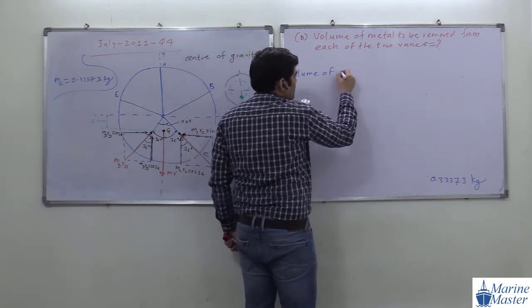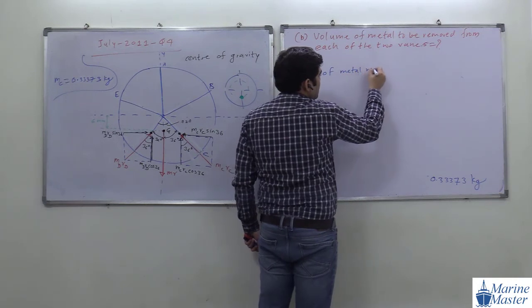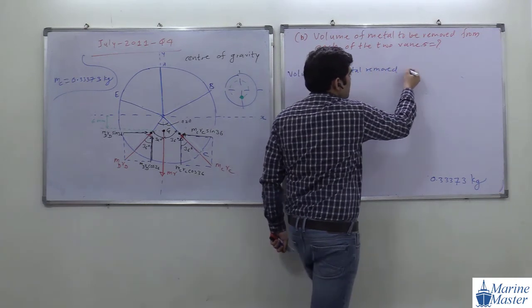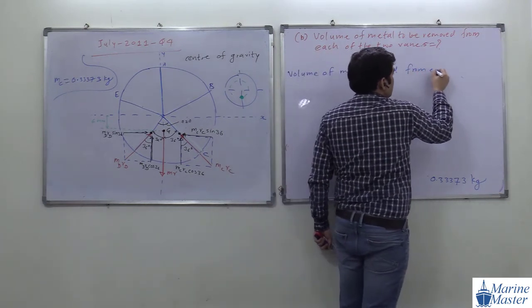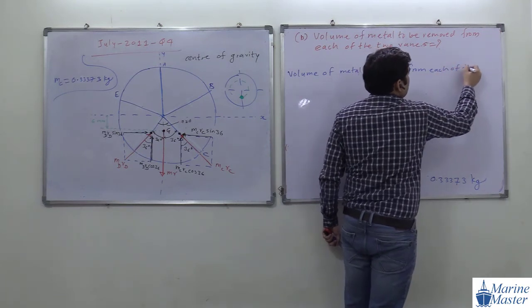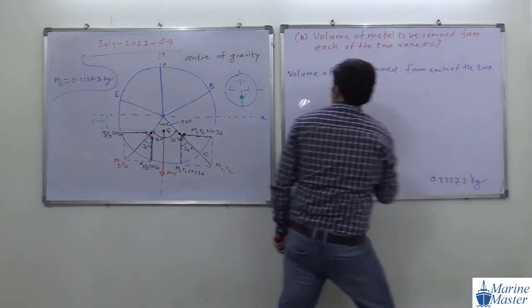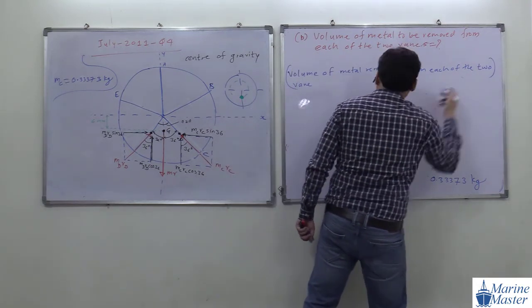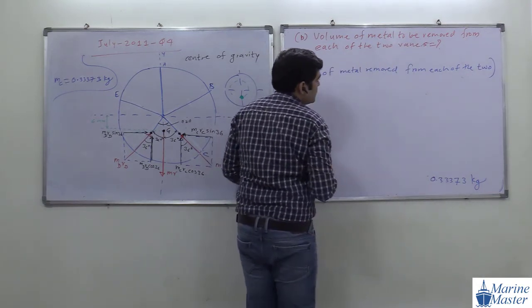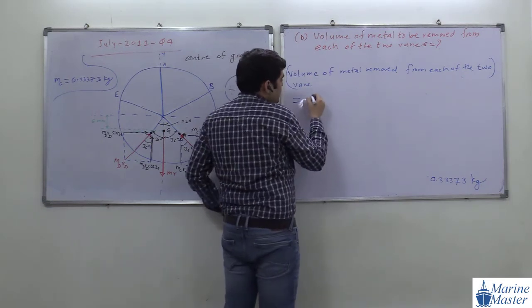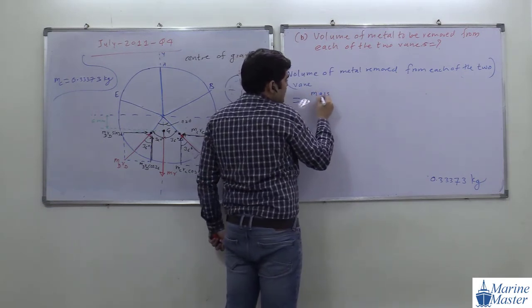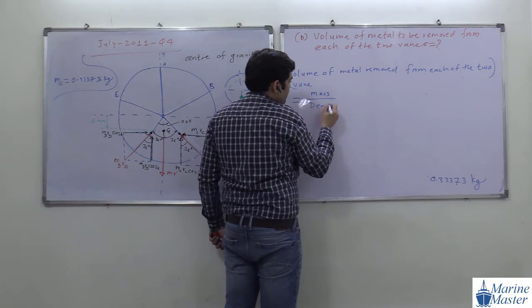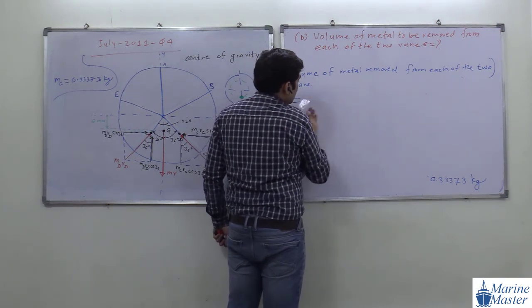How to get that volume? Mass divided by density.